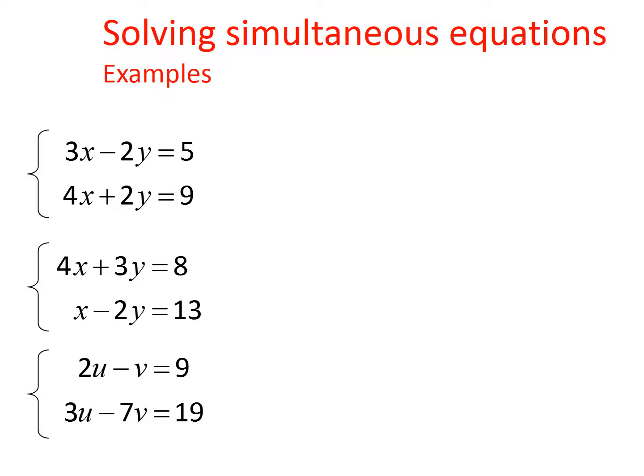Okay, so 3 times (9 minus 2y) over 4, minus 5 divided by 2, and that is equal to y. Try and simplify this a little bit.